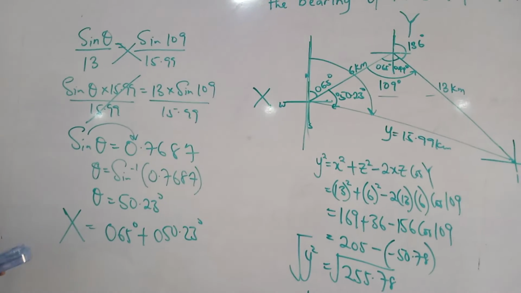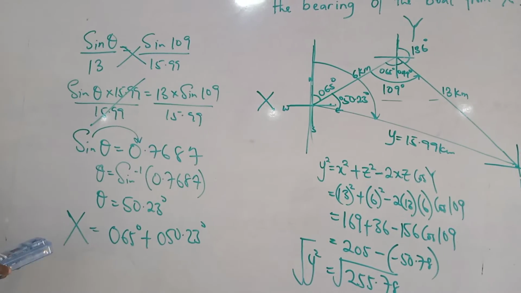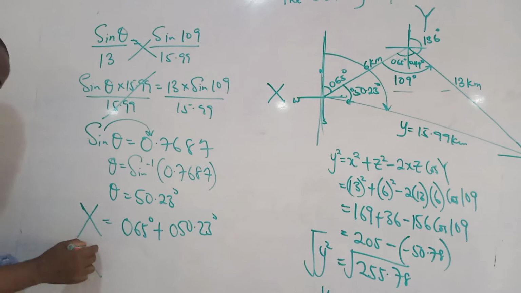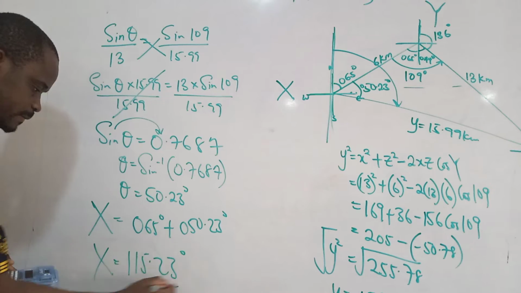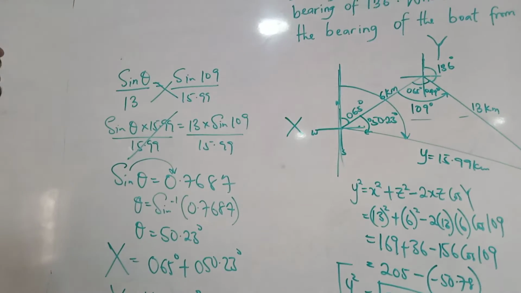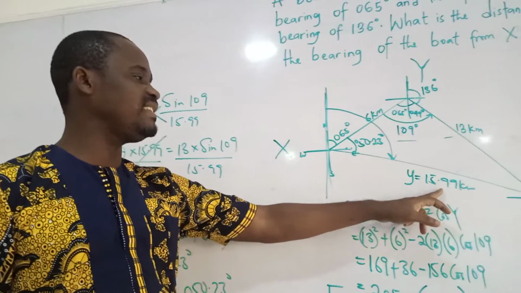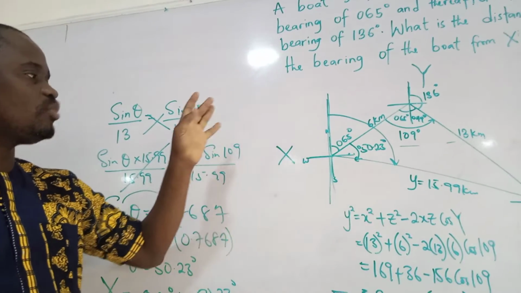And we'll do a final confirmation of that, plus 65. The final answer for x is what? 115.23 degrees. So that is the bearing of z from x, and this is the distance between x and z.